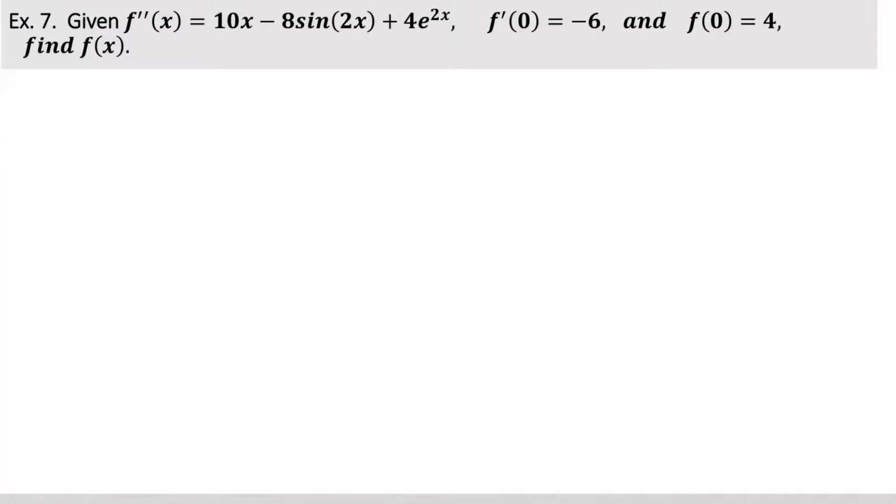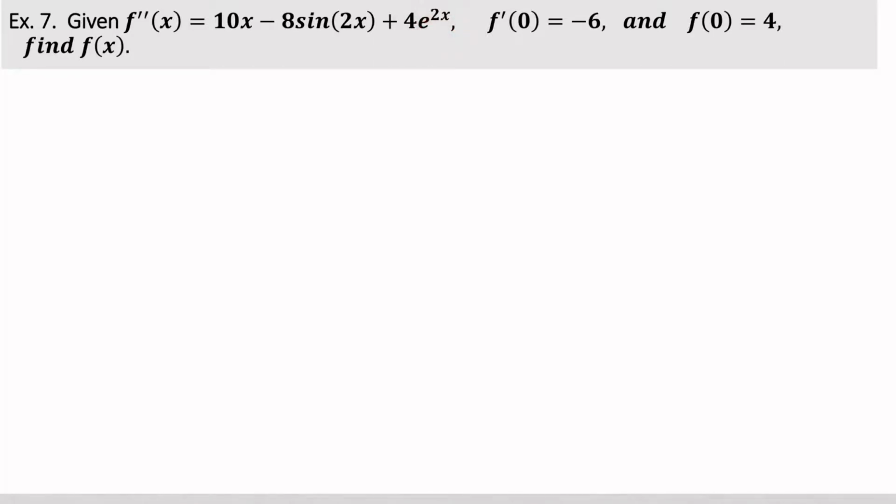Okay, here's another one similar to that, starting with an f double prime and going down to, in this case, we're not evaluating f of x, we're just finding f of x. But the difference here is that I've got an e to the 2x.